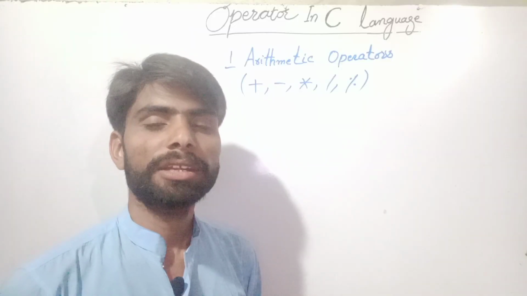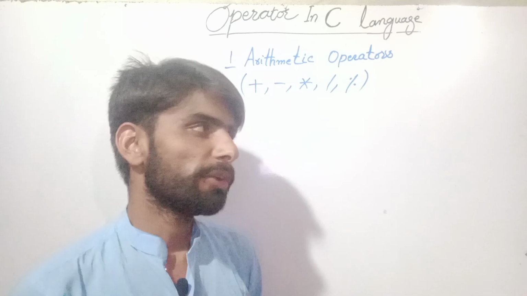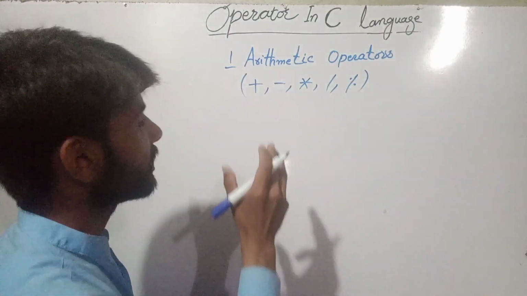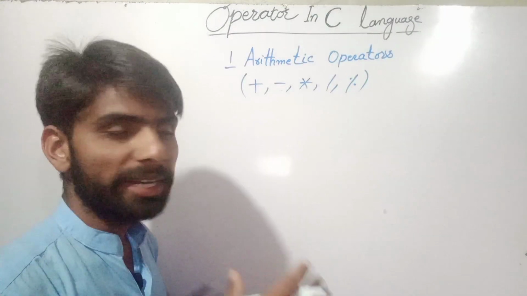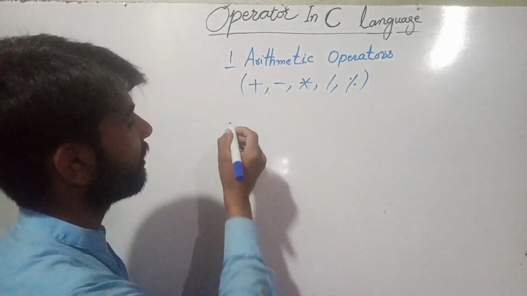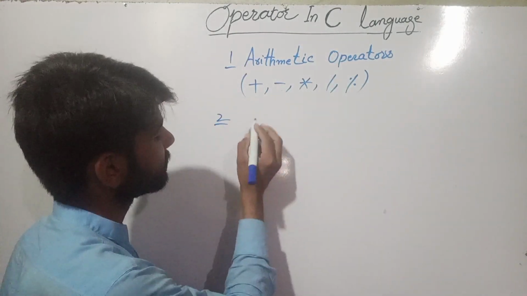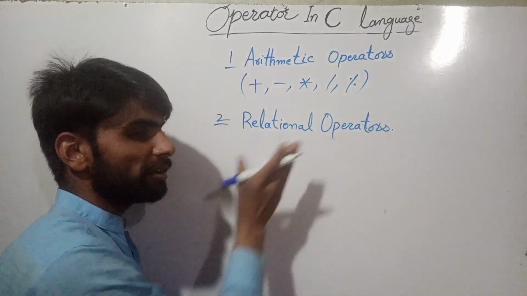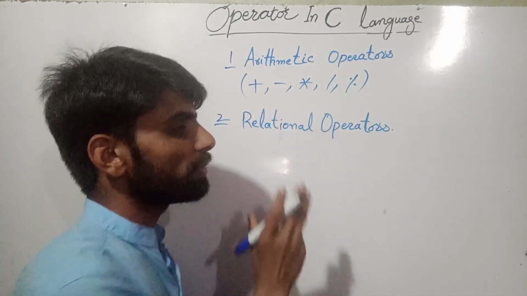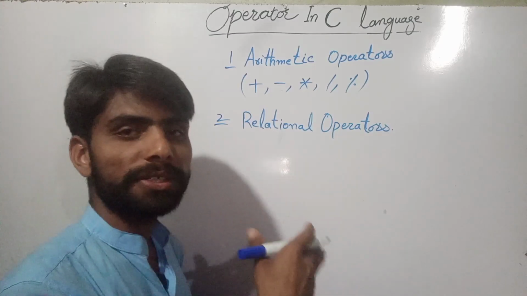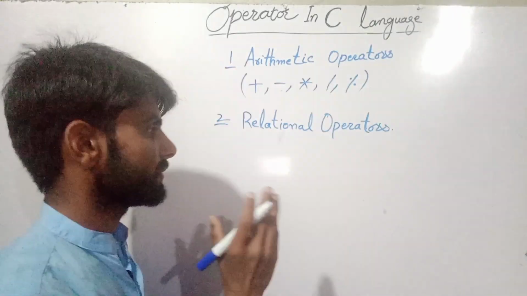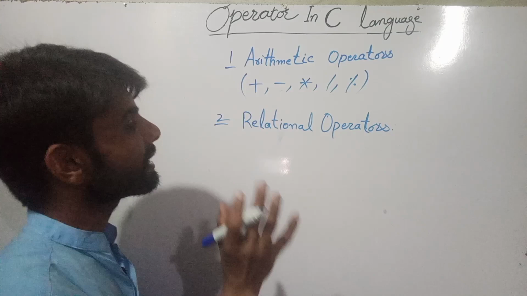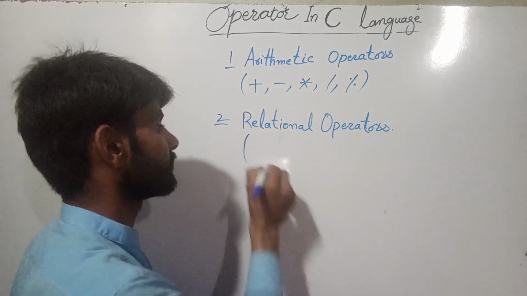The next category used in programs as binary operators is the operators used to make decisions in conditions. Those operators are called relational operators. Relational operators are binary operators that are used to make decisions in conditions in programs. So what are these operators?